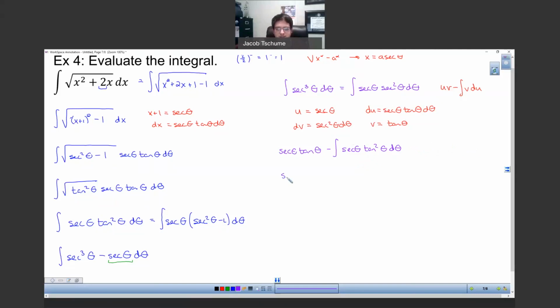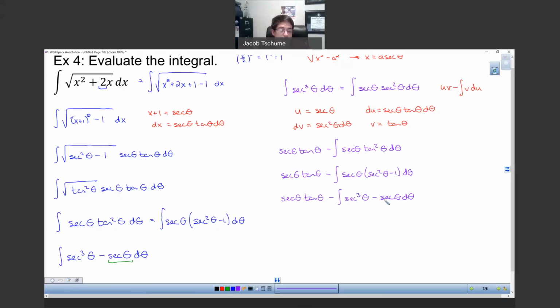So this would be secant theta, tangent theta, minus the integral, and I'm going to once again substitute for tangent squared, secant squared minus 1. Distributing that secant through will give us secant theta, tangent theta, minus the integral of secant cubed theta minus secant theta d theta.